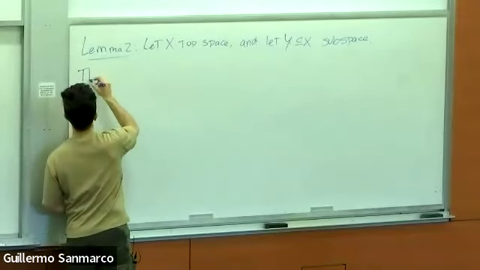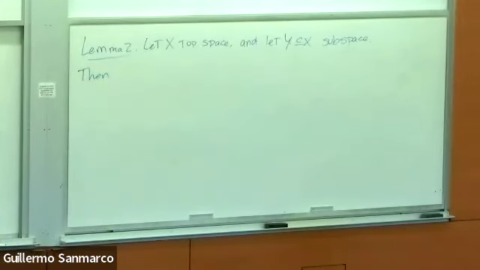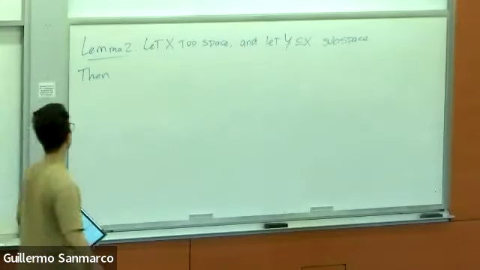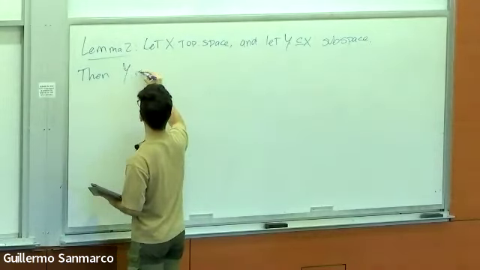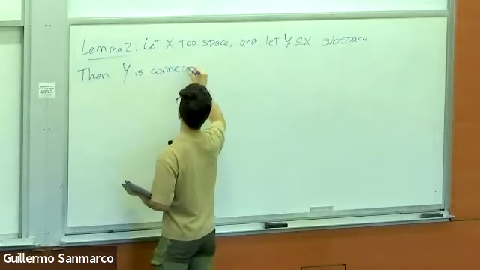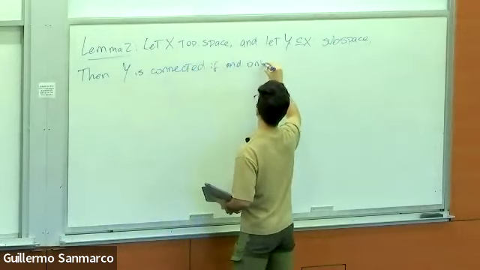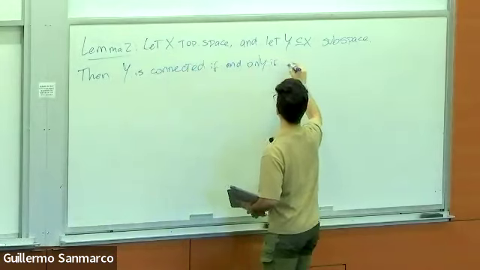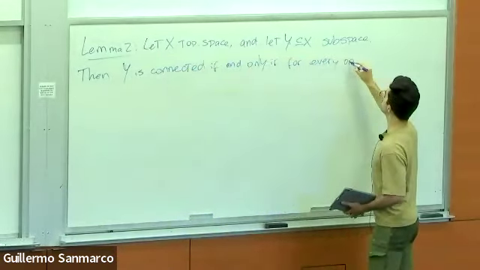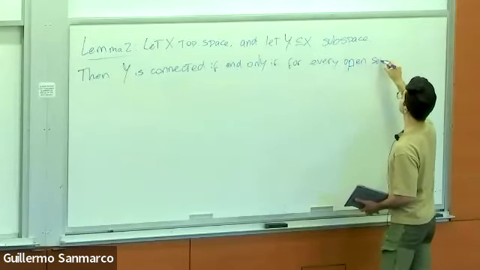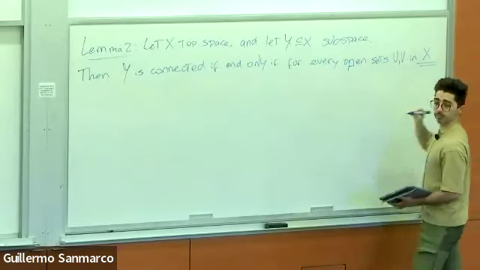So when is Y going to be connected? I'm going to use part 2 over here of our 3 equivalences. Then Y is connected if and only if for every, so in principle I should talk about open sets in Y, but I will talk about open sets in X. This is the crucial part here.